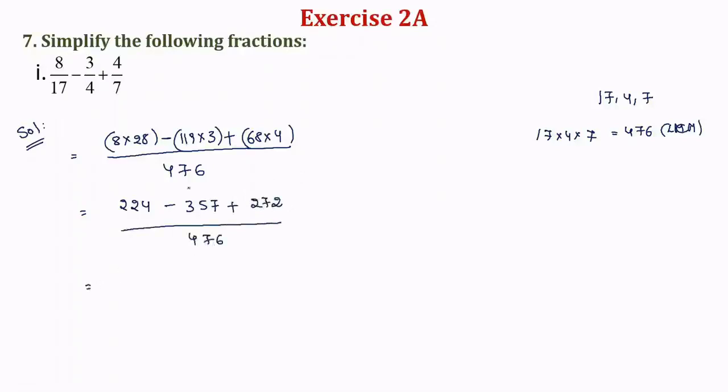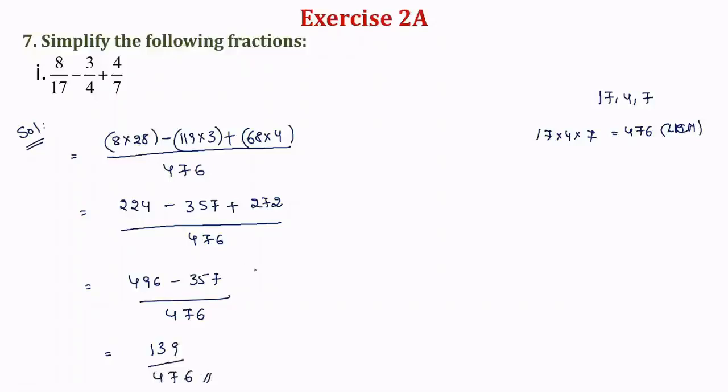So now you can add positive terms first. 224 plus 272, which gives 496 minus 357 by 476. So after subtraction you will get 139 by 476. This is the answer for this.